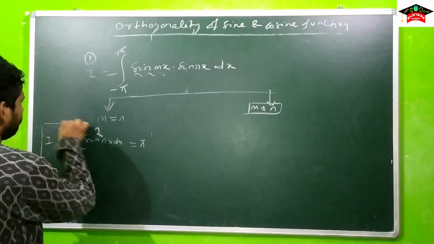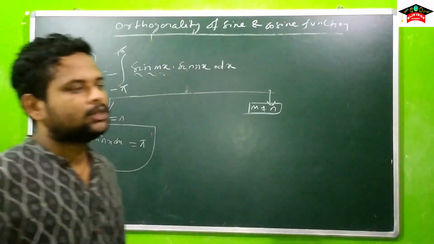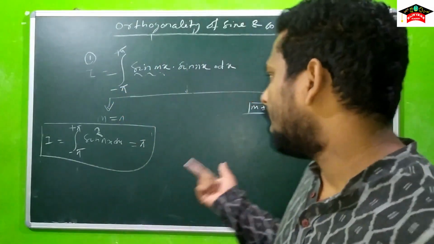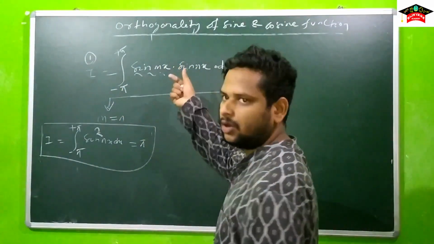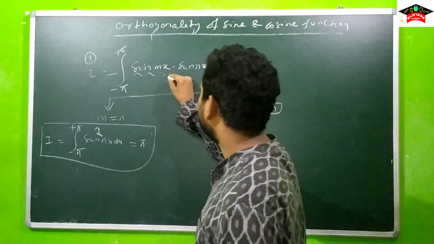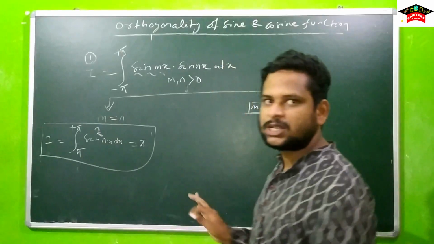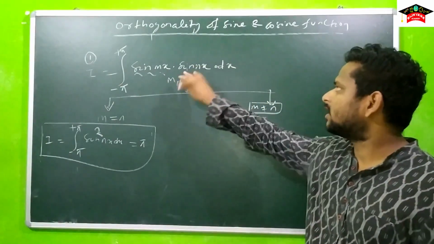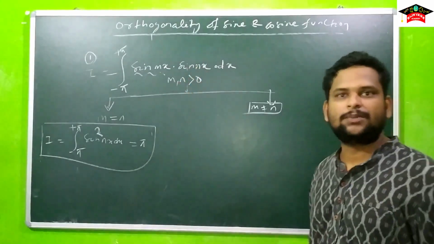So we integrate for m equals to n from the limit minus pi to plus pi. The value of the integration will be pi, where m and n are constants. I can also put a restriction that m and n are greater than 0. For simplicity, the two numbers m and n are always positive, that means greater than 0.